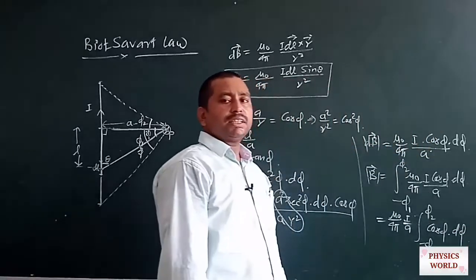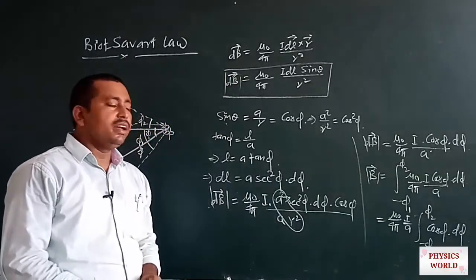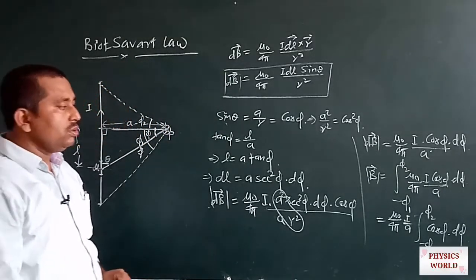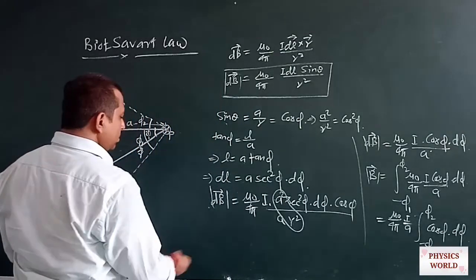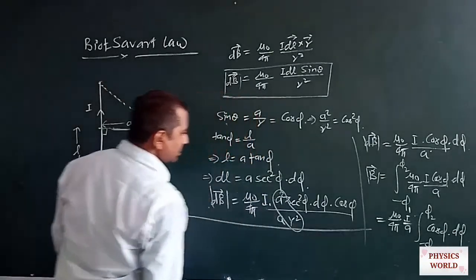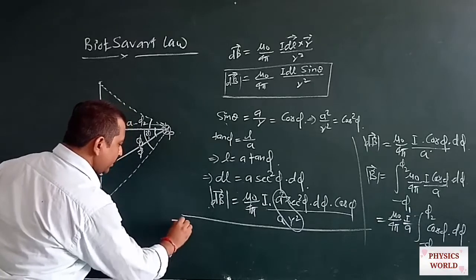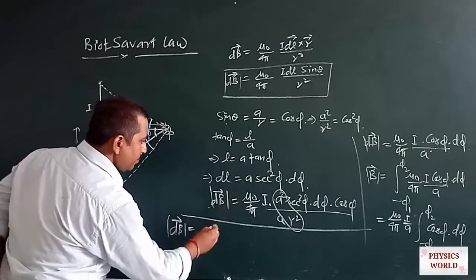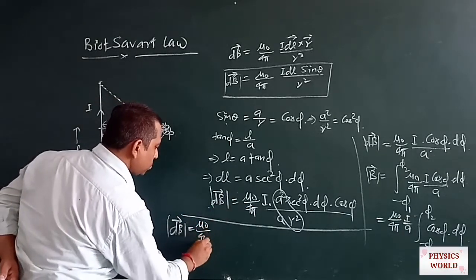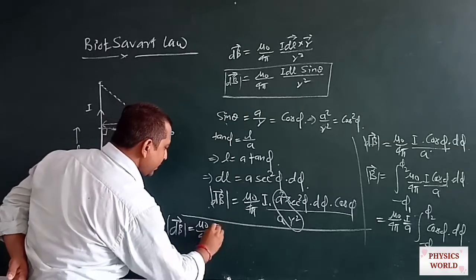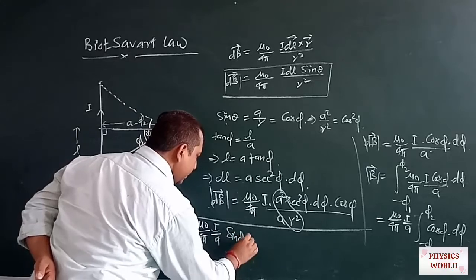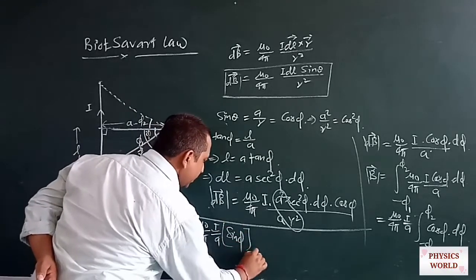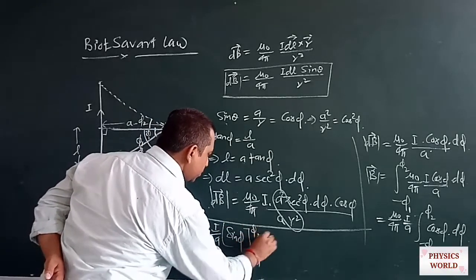The integration of cos phi d phi is equal to sin phi. So this provides us the value of the magnetic field B equal to mu 0 upon 4 pi I by a into sine of phi from minus phi 1 to phi 2.